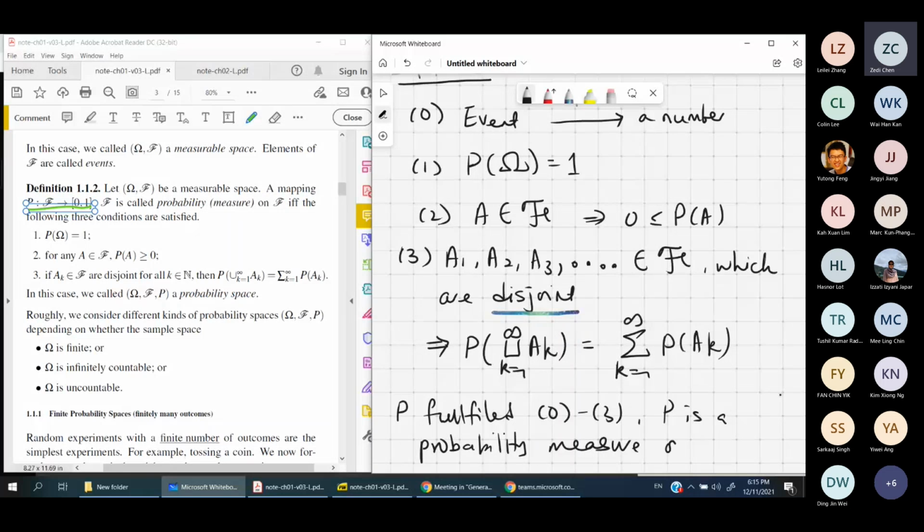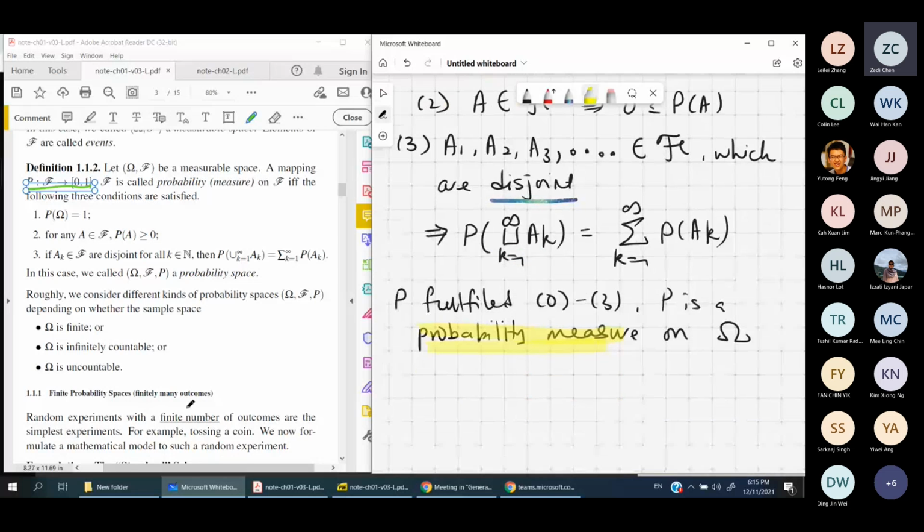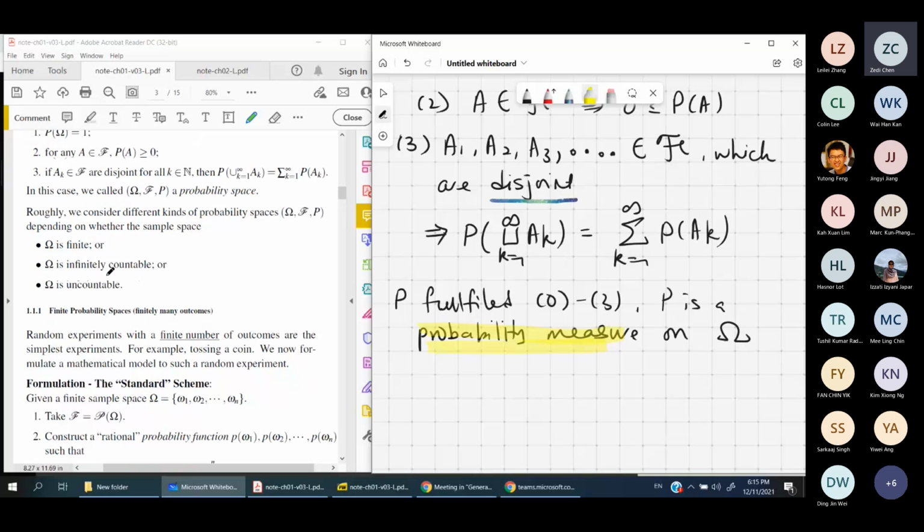To be more precise on our omega, we have these two other main definitions for it. Next, we have to see how to construct the probability space based on the nature of our sample space omega.